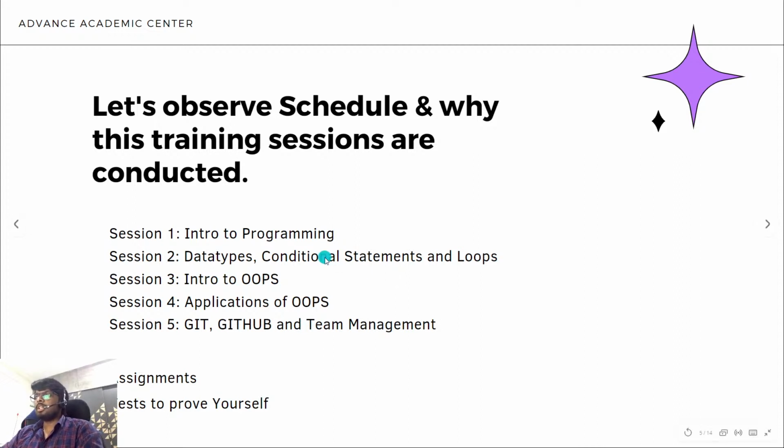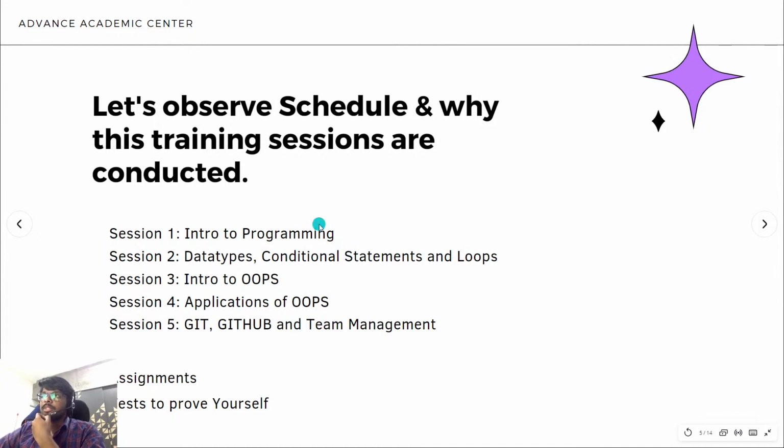We are going to cover these sessions on alternate days. Session one is going to be today, session two will be tomorrow, and session three is again on Monday, so we are going to have a gap of 2 days, Saturday and Sunday.